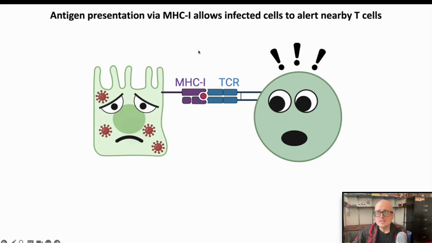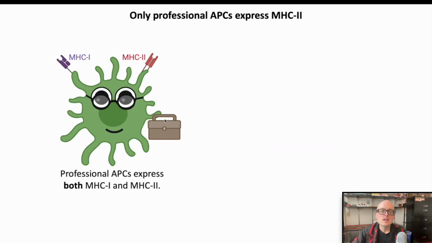So again, a major thing that I want to highlight here is that because MHC class 1 is expressed on virtually all cell types, this is the main way that we detect actively infected cells anywhere in the body. However, there are other types of antigen presentation. We just said that there's another type of MHC, so let's talk about it.